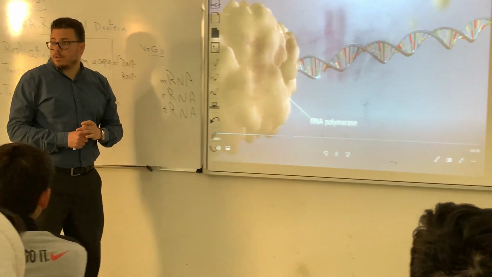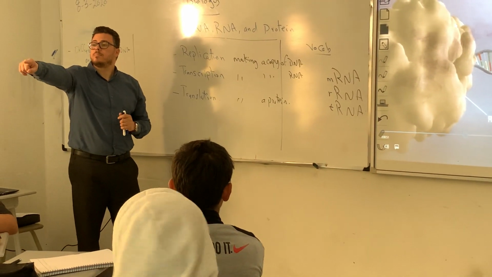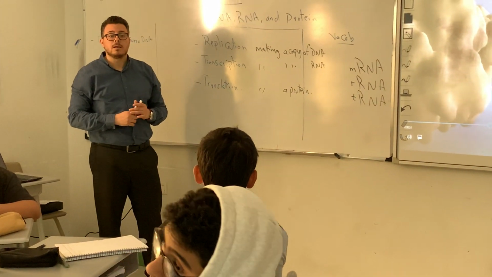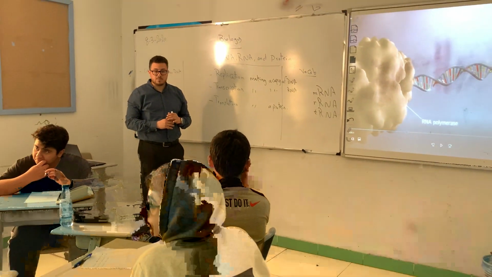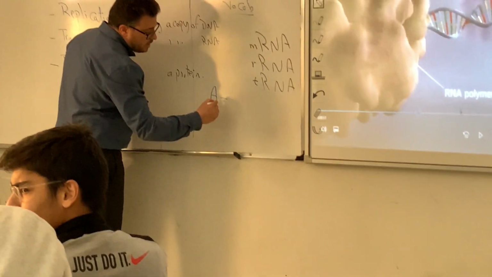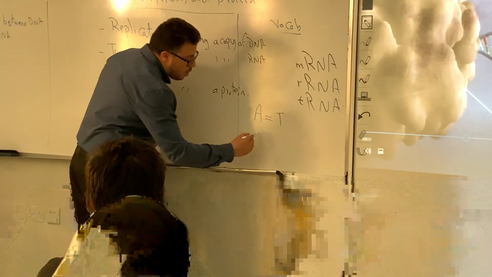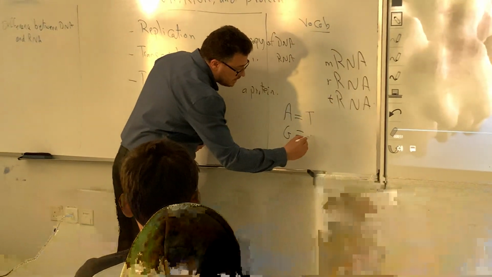They are connected to each other by a rule called base pairing. Ibrahim, the rule is what? Base pair. What does it mean? It means that the adenine is coming with the thymine, perfect. And the guanine is coming with the cytosine.